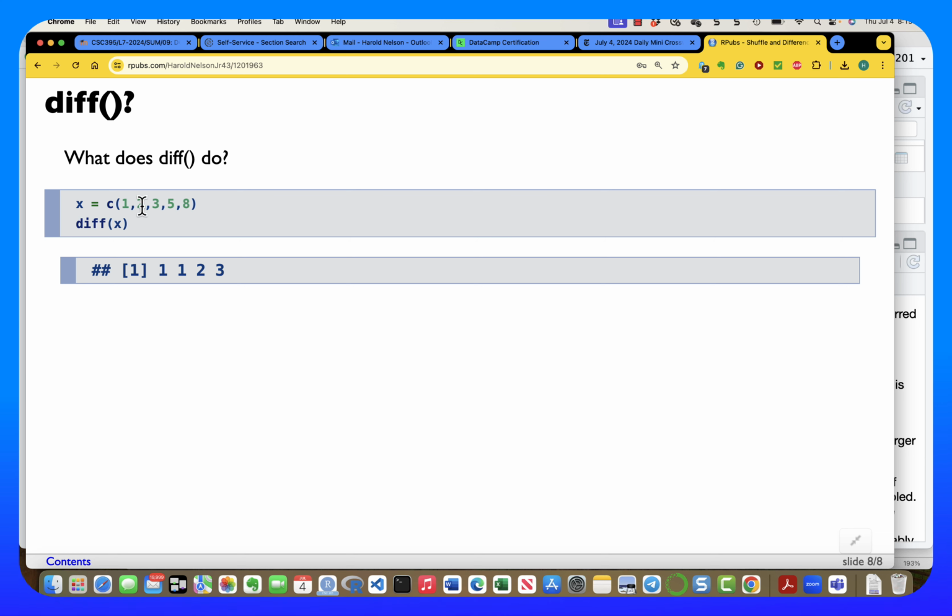Well, it is the difference between 2 and 1. Where does this 1 come from? It is the difference between 3 and 2. Where does the 2 come from? It's the difference between 5 and 3. And where does the 3 come from? It is the difference between 8 and 5. So I hope with this little bit of assistance in dissecting that code, it'll be clearer to you. Okay?